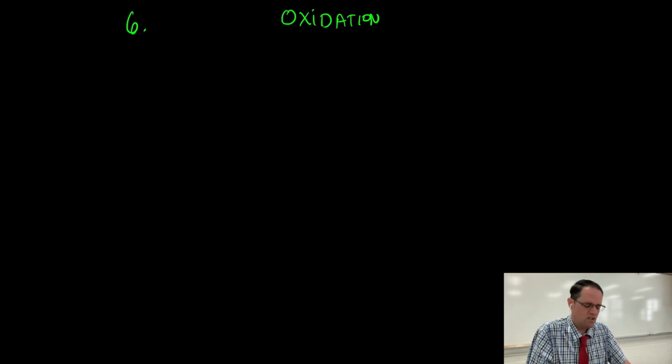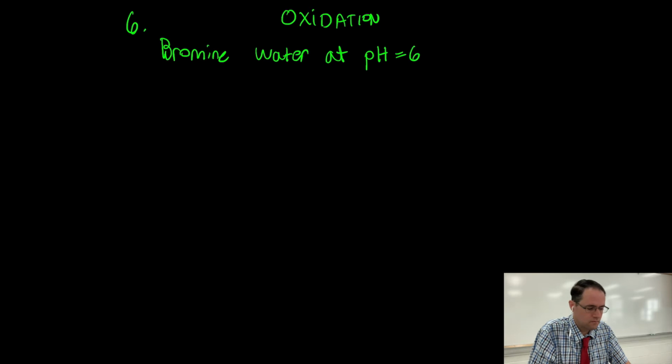So the first thing is with bromine water at neutral pH, around neutral pH. So pH 6 is slightly acidic, okay?